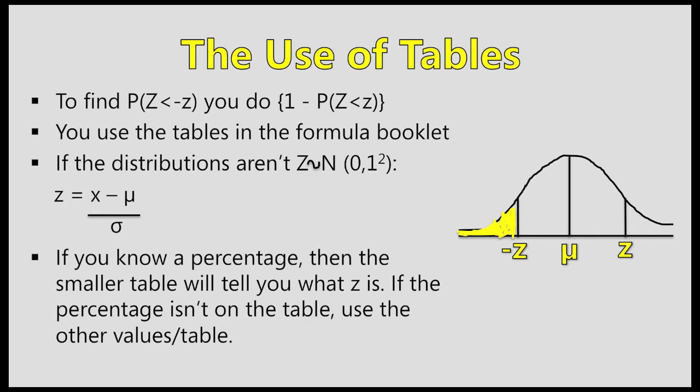Whereas the other, bigger table tells you information to the left. So if z was 1.9, you look up 1.9 and that will tell you the probability to the left of z, and you'd have to take it off 1 if you wanted to find the area on the other side of it. I hope that makes sense.